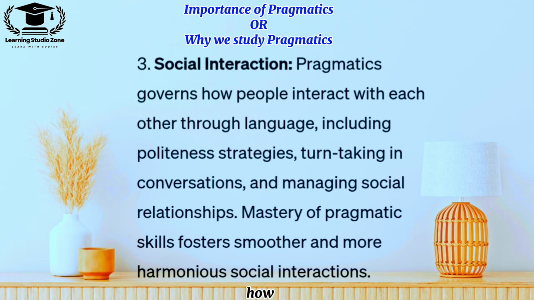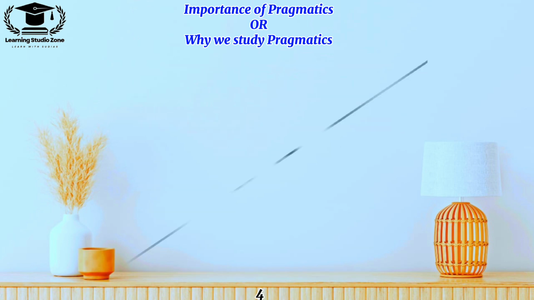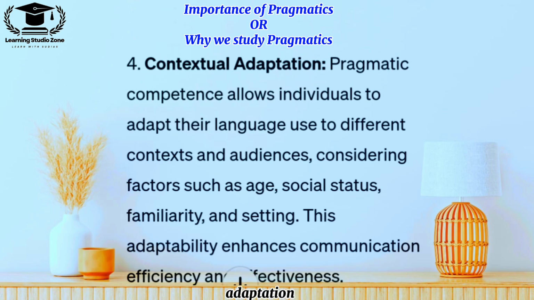Number third, social interactions. Pragmatics governs how people interact with each other through language, including politeness strategies, turn taking in conversation, and managing social relationships. Mastery of pragmatic skills fosters smoother and more harmonious social interactions. Number four, contextual adaptation.